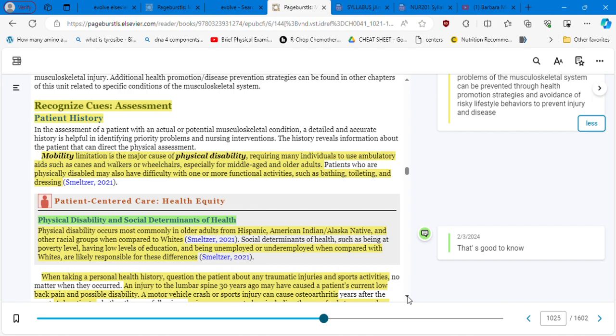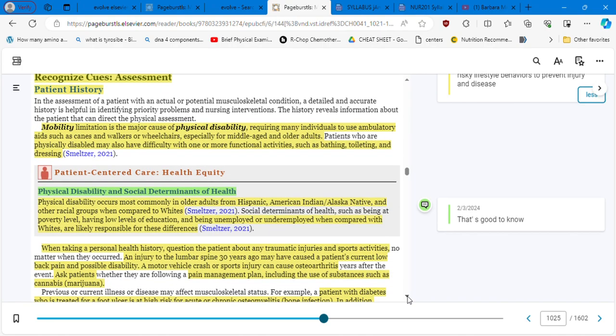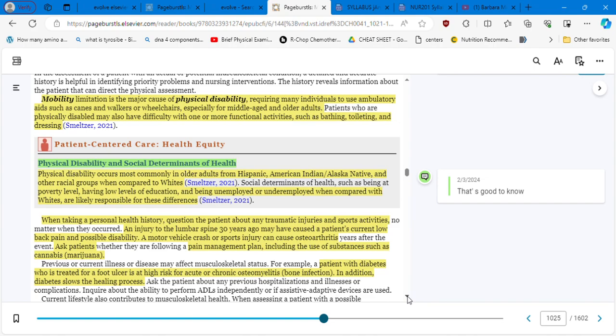Physically disabled people may also have difficulty with one or more functional activities such as bathing, toileting, and dressing. I am explaining all these factors in detail because we all have family members that need to have an assessment of the musculoskeletal system.